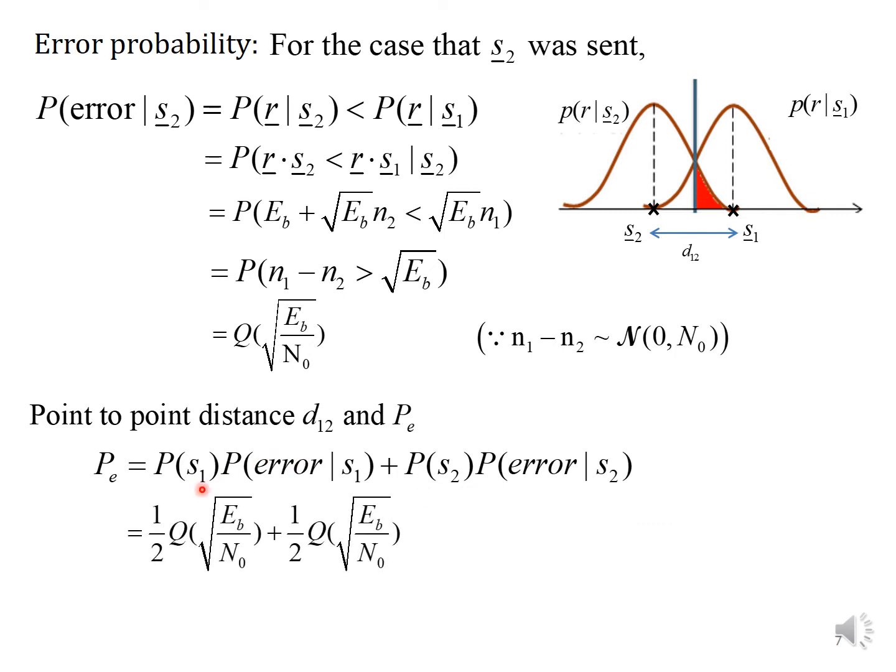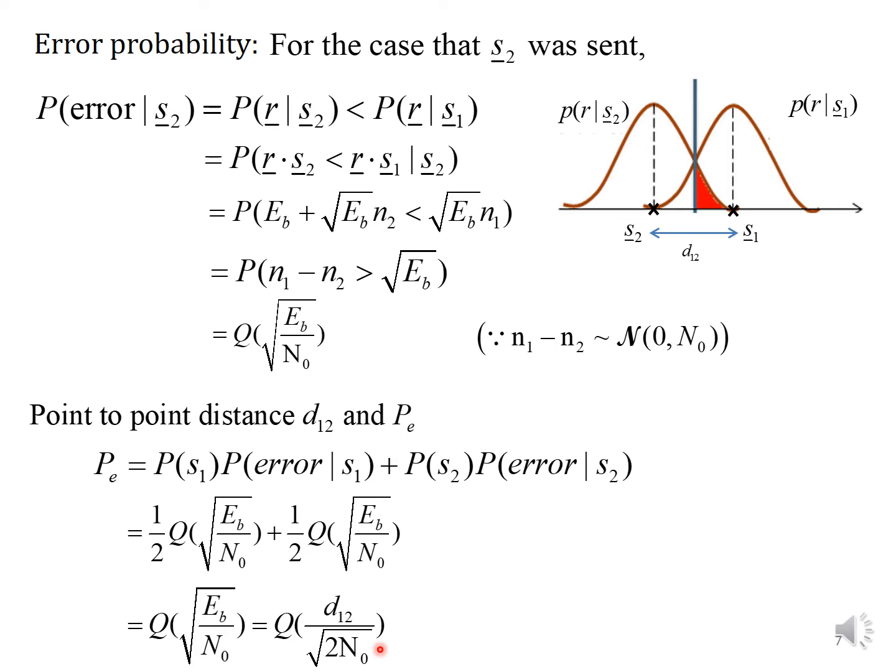If we have equally probable sources, we obtain the final overall error probability, right? In terms of Eb over N0, this Q function, or in terms of the distance, D12 over the square root of 2 N0.